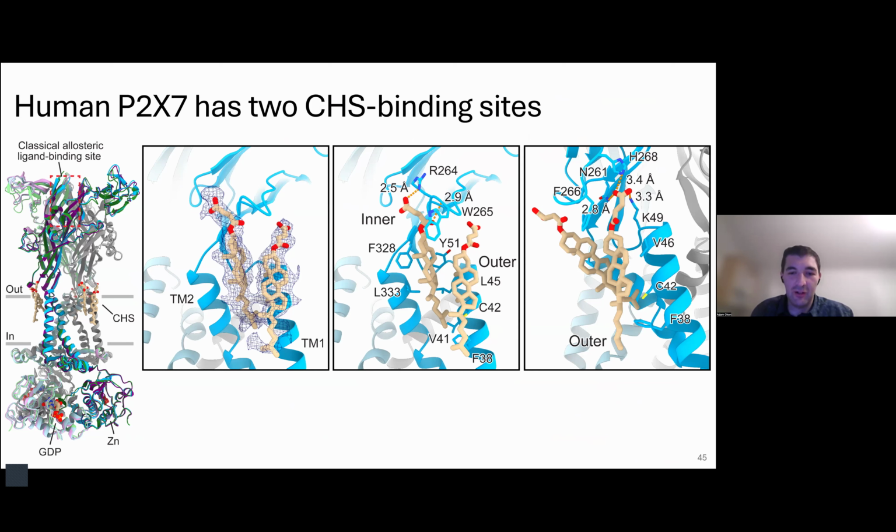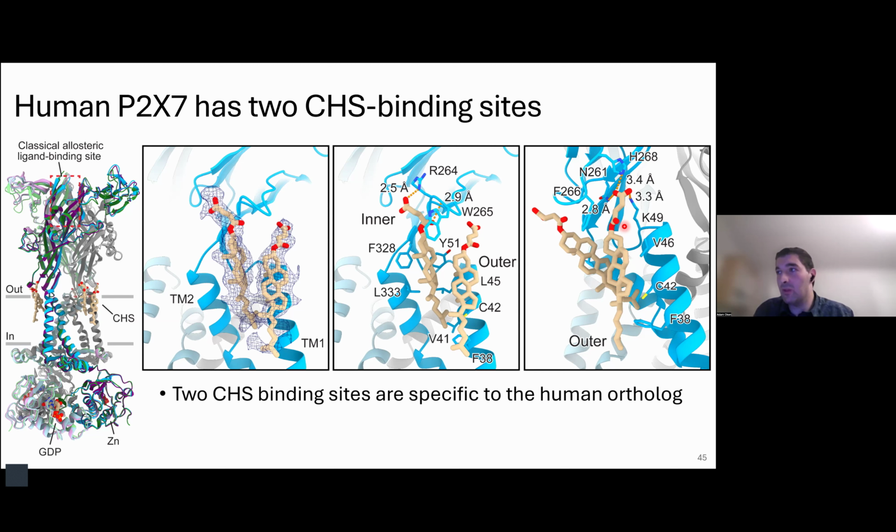We see that there are two CHS molecules, and we define one as the inner and one as the outer. The inner molecule, which is shown here, predominantly interacts with TM1 as well as TM2, while the outer molecule, highlighted here, predominantly interacts with TM1 as well as the inner CHS molecule.